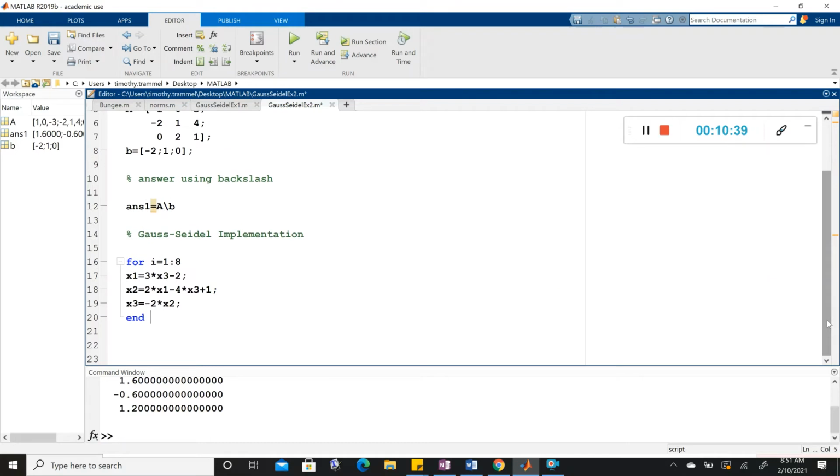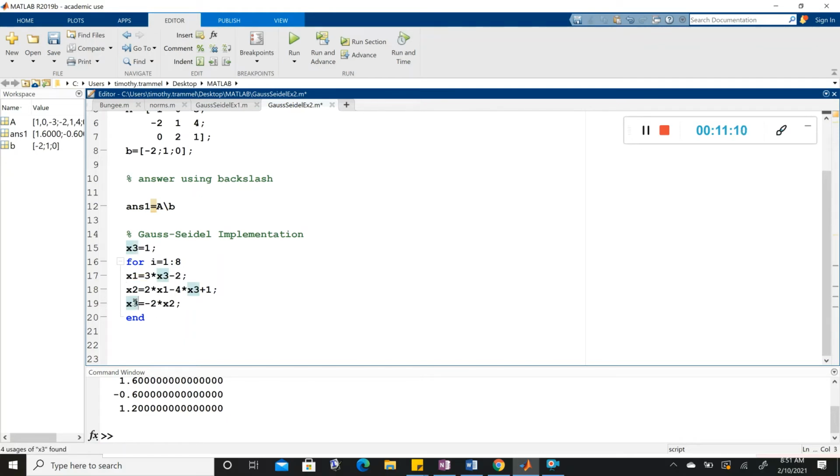Okay. Now before I run this, we need to make sure everything's defined. So to compute x1, we're going to need an x3. So how about we just do the same thing here again? How about x3 equals 1 as a guess, and then down here, it looks like we're going to need an x3, which we'll already have picked. Looks like we'll need an x1, and that'll be computed in the line above.